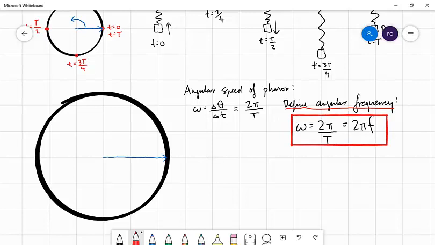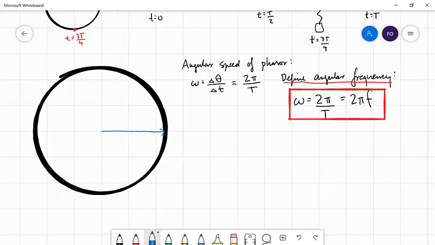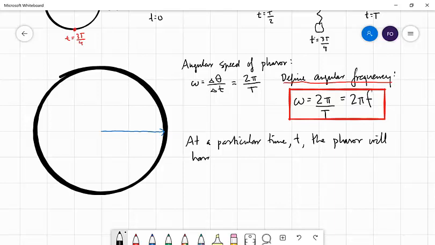Okay, so now we know that this phasor is spinning with an angular speed of omega. And what we can do then is at a particular time t, the phasor will have spun through an angle omega t.